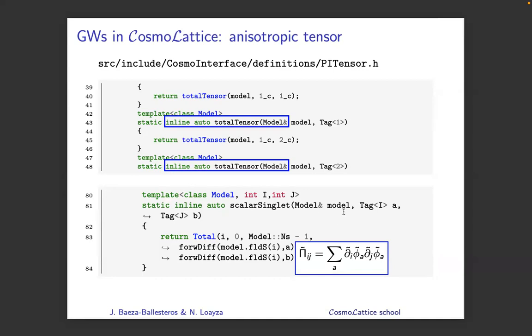And if you go into the same file, you will see that the same is done for the complex scalar fields and the magnetic and the electric fields. And it's super easy to implement and super easy to follow from what is written in the equation and how it is implemented in CosmoLattice.